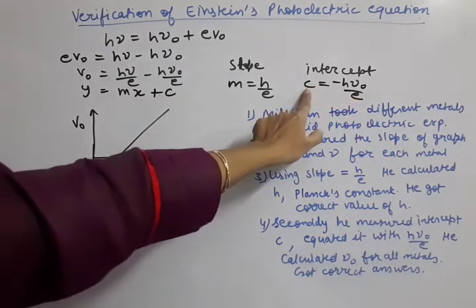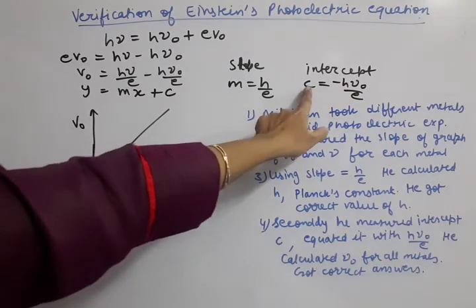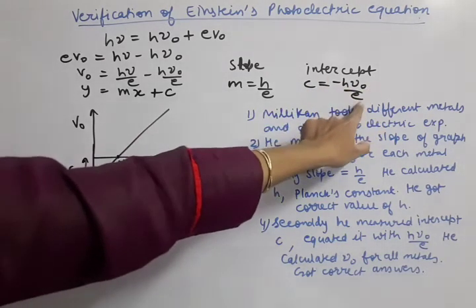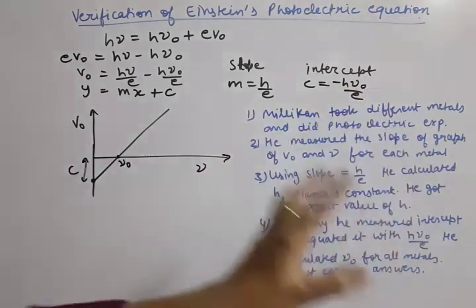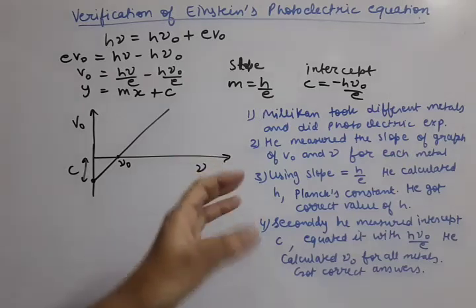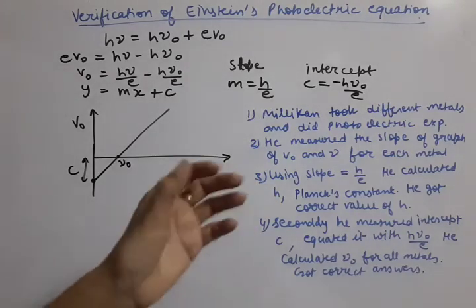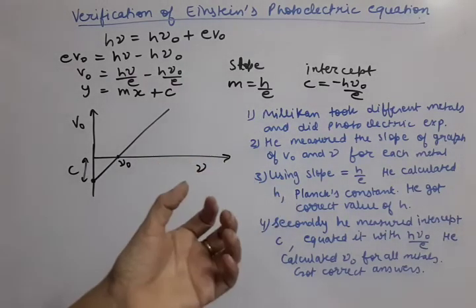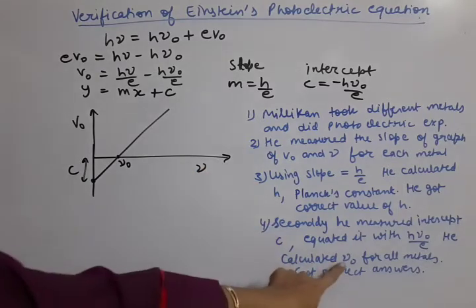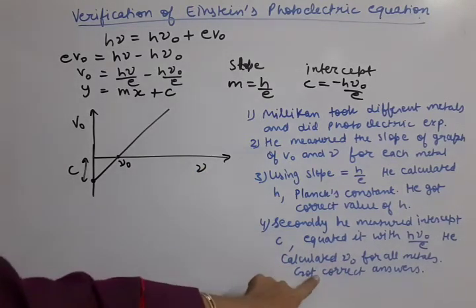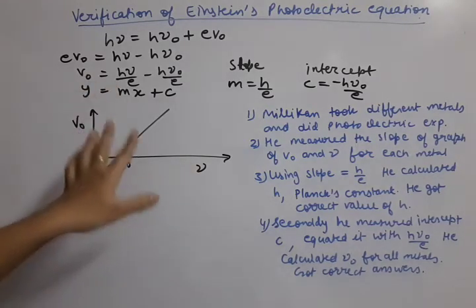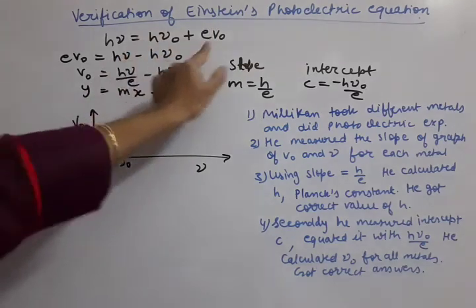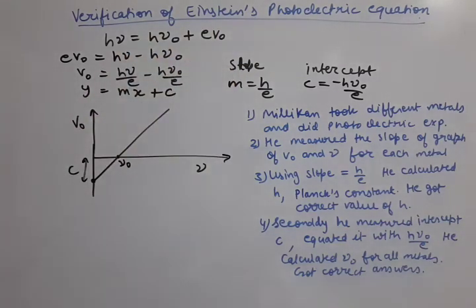So this 5, or whatever value he obtained, he equated with h nu 0 by e, and substituted e and h also. So he got nu 0 for different metals, like for zinc, for sodium, for aluminium. Whatever threshold frequencies came, all were correct. So this way he verified that yes, this Einstein equation is correctly framed. This is the verification process.